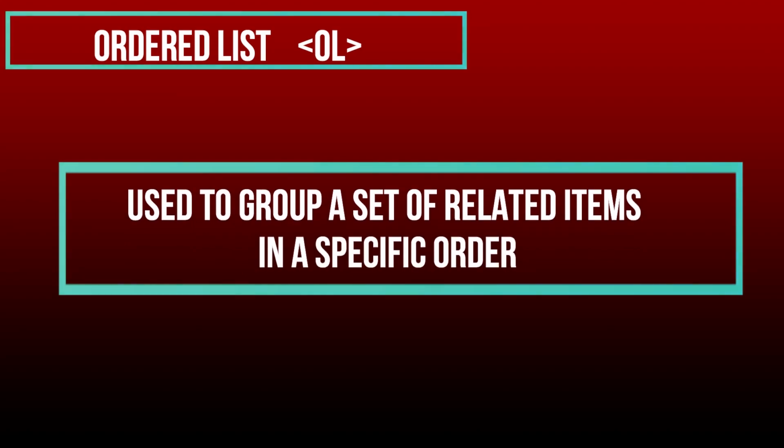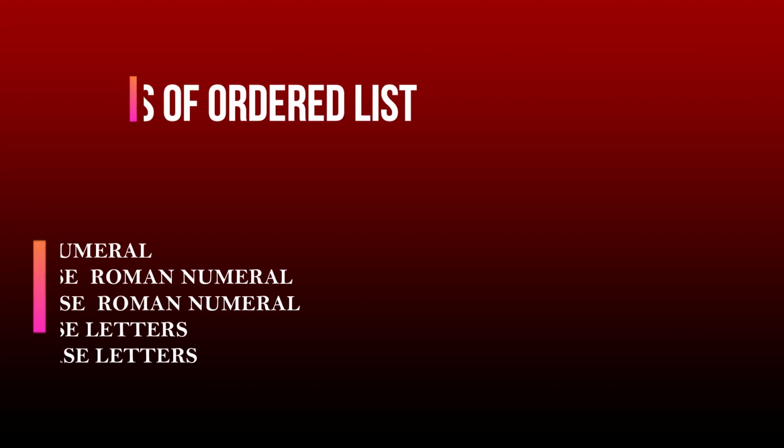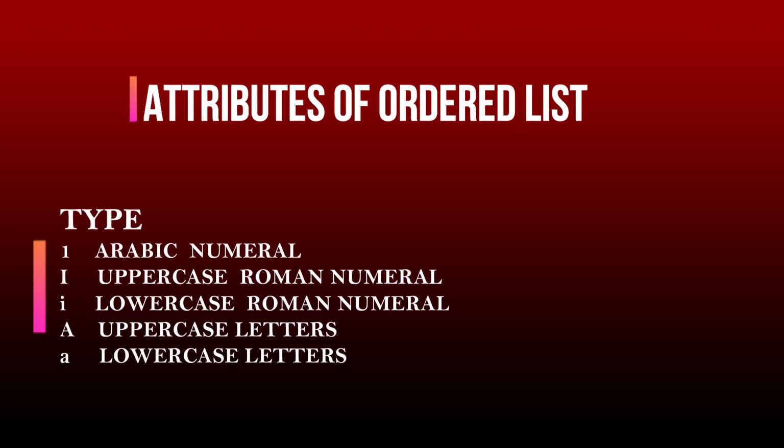The next type of list is the ordered list. The tag for ordered list is OL. What is an ordered list? Ordered lists are a group of items that are in a specific order. The attributes of an ordered list are type and start.